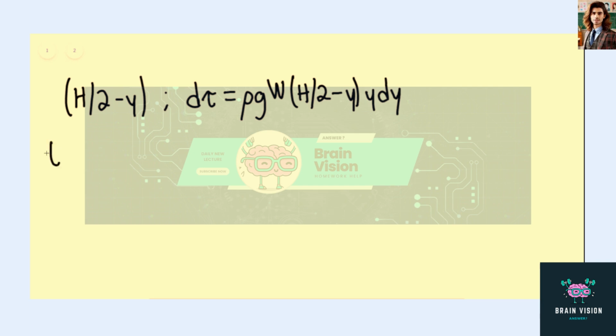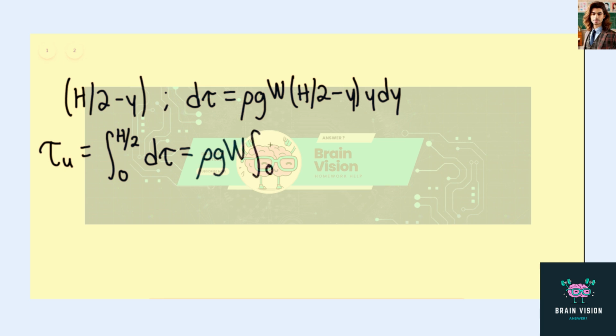And so the torque on the upper half of the gate would be the integral from 0 to h over 2 of d tau. This is equal to the density times the acceleration due to gravity times the width times the integral from 0 to h over 2 of h over 2 minus y, multiplied by y dy.